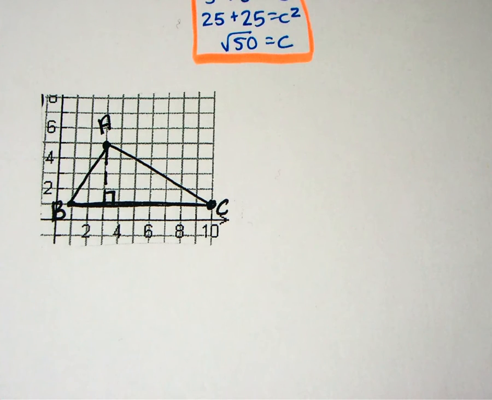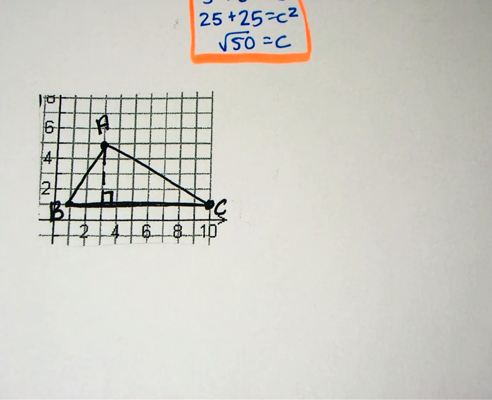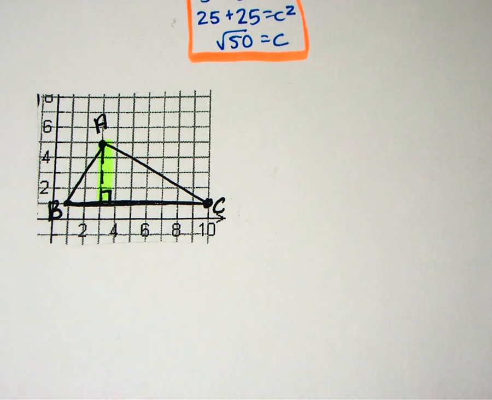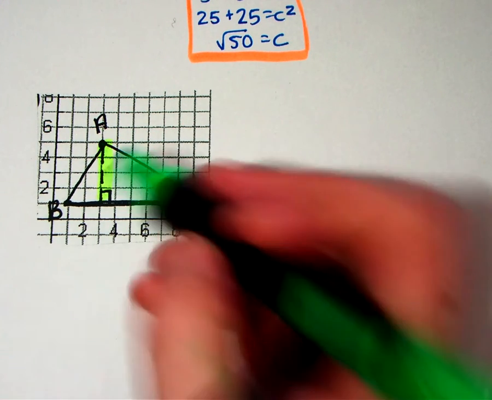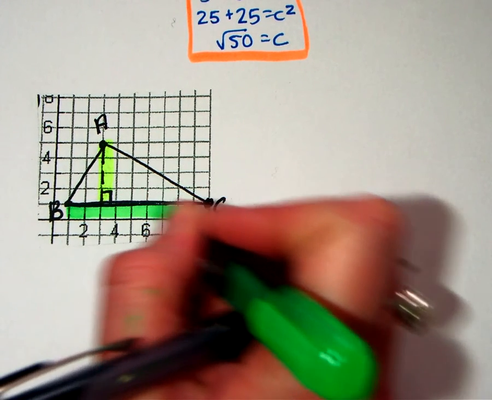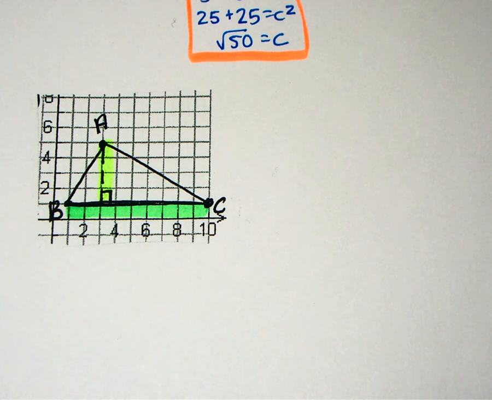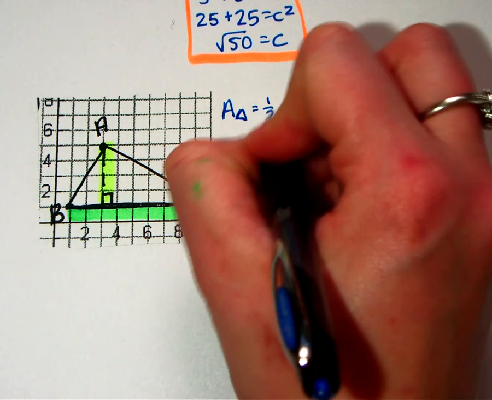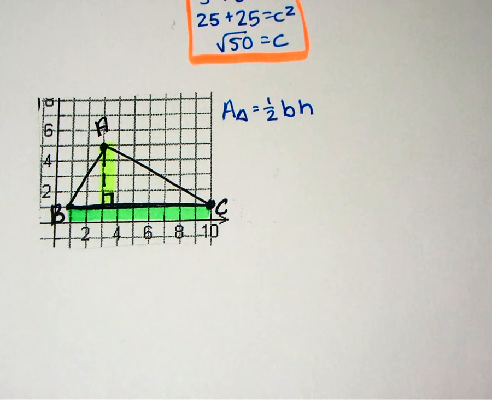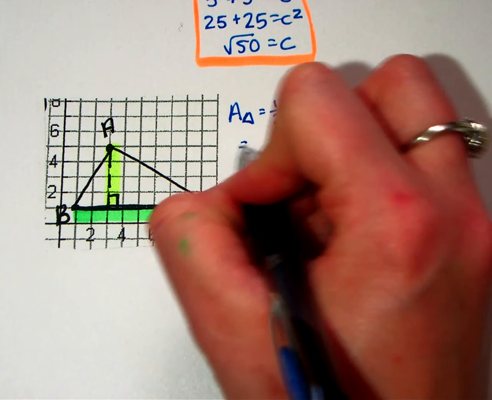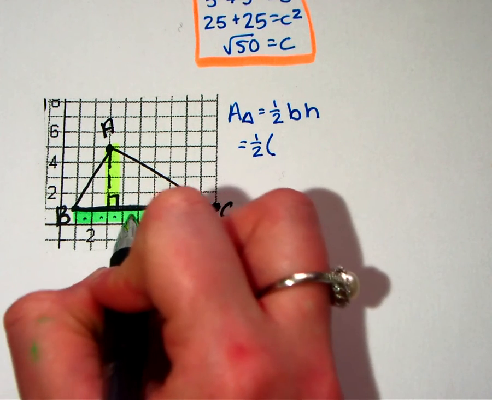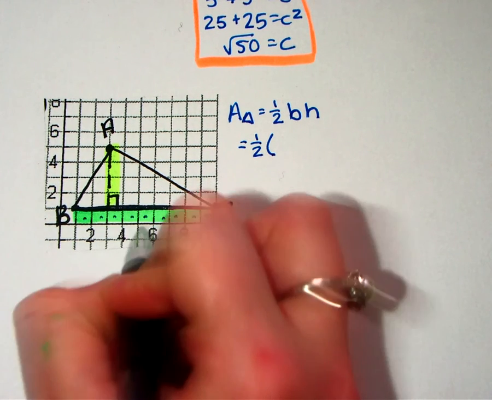Moving on, down here, this is an acute triangle. In an acute triangle, the height is located inside of the triangle, so the height is located here. Our base is located here. The base and height are always perpendicular to each other. So again, using our same formula from up above, 1/2 base times height, we're going to count the base: 1, 2, 3, 4, 5, 6, 7, 8, 9.